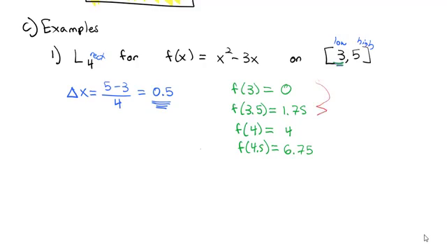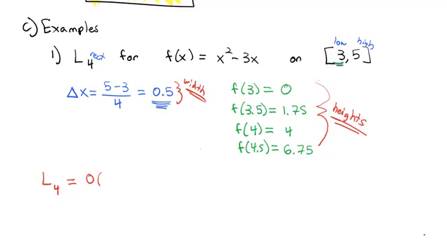What we've done is we have found the heights of each of our rectangles. Remember, delta x, that's our width of each of our rectangles. So to find our area under the curve, estimating with left side rectangles, 4 of them, we take our height times the width.